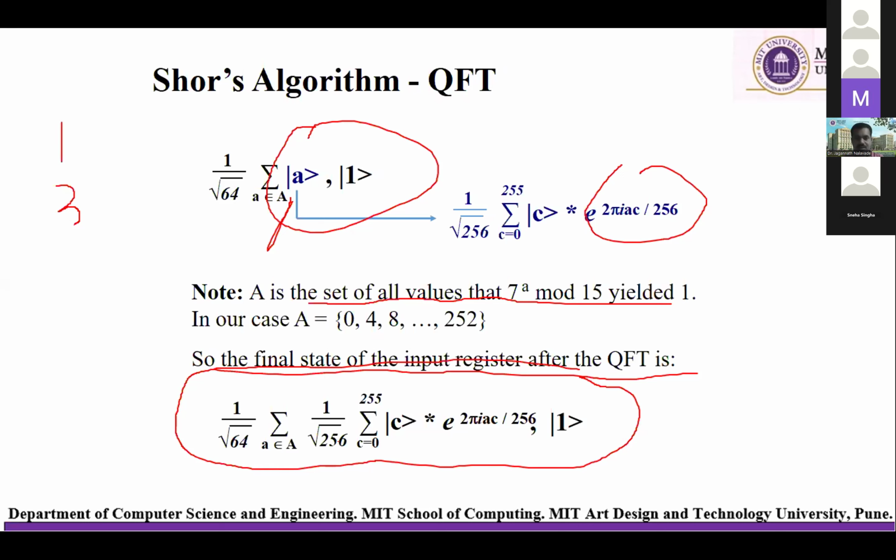Then 1 divided by the square root of 256, summed over c, which is the collapsed value of the output register. We have to check from 0 to 255 which collapsed value we are getting. Entire this part is called the transformation function.